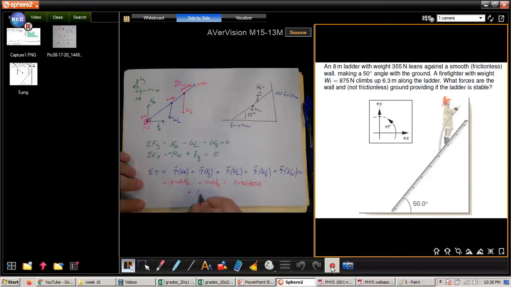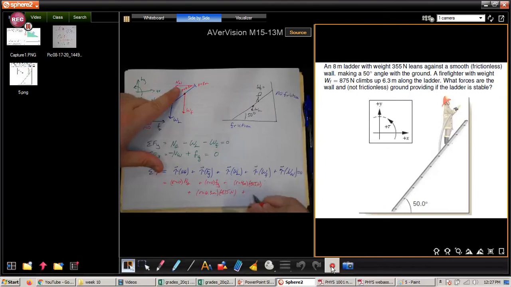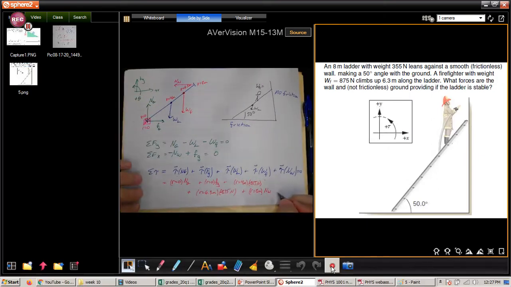Plus, and then we'll have R is 6.3 meters, and we'll have our weight force here is 875 newtons, but it's downwards, it's negative. And then we'll have our R is 8 meters times the normal force for the wall, and all that equals 0.